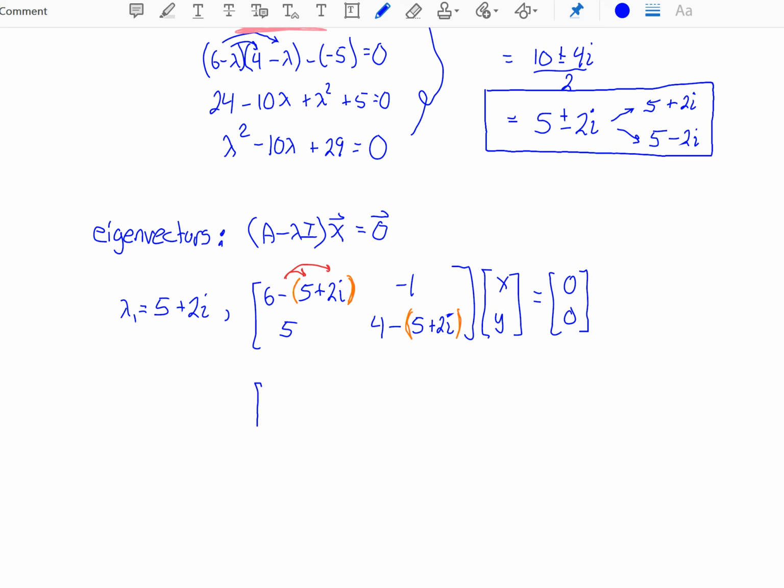So I think we're going to get 6 minus 5 is 1. Distribute the negative. This gives us minus 2i. Negative 1, 5. 4 minus 5 is negative 1 minus 2i.